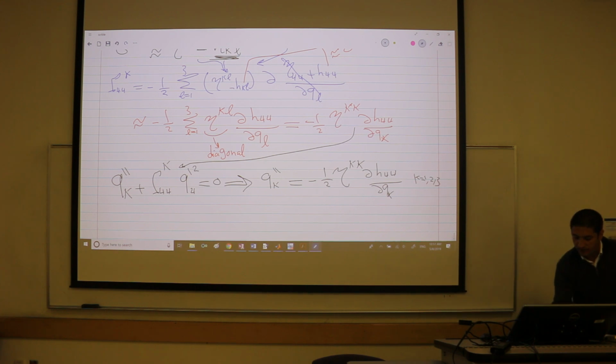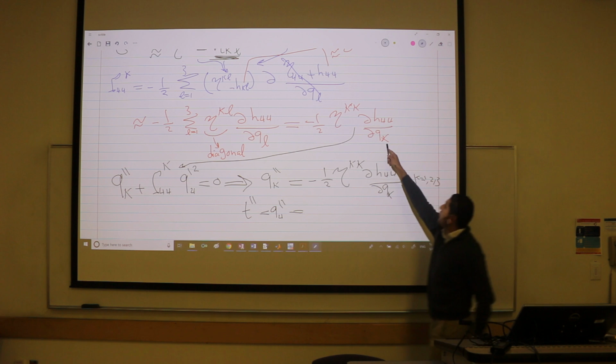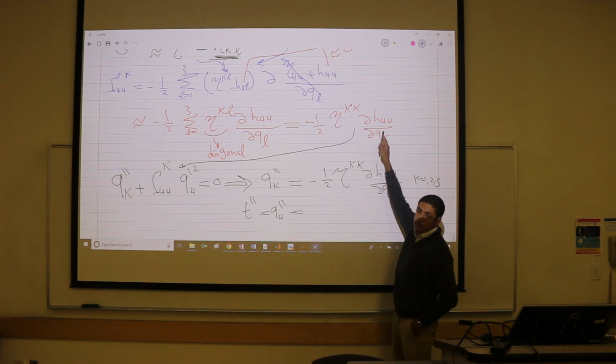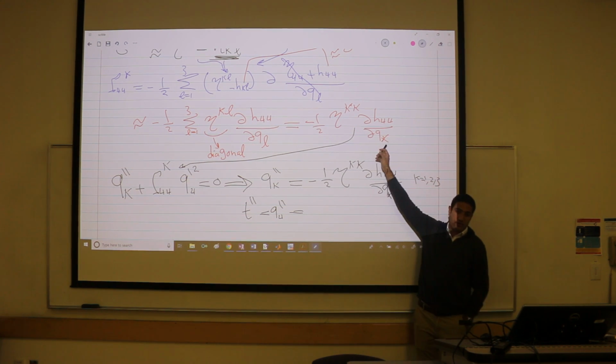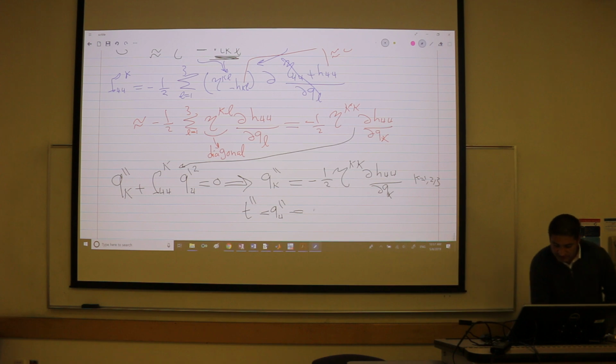And for the 4 thing, which is q4 double prime, this is t double prime, right? If you substitute here q4, again everything vanishes with q for the time. So this is indeed 0.